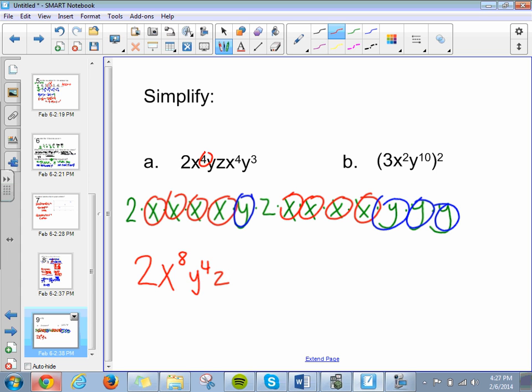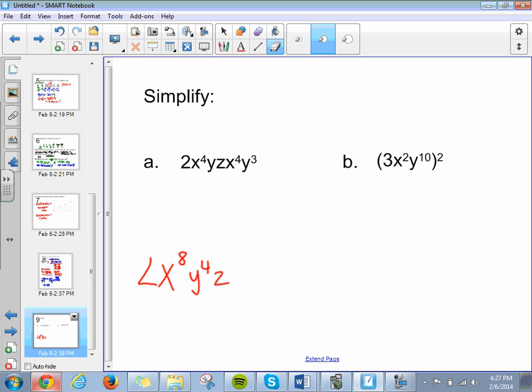So simplified, we should have 2x to the 8th, y to the 4th times z. We can see now that what we needed to do was add our exponents. Don't forget that when it doesn't look like anything's there, this is really y to the 1st and z to the 1st. All right, then we'll go to b, and I need to erase some of my a.